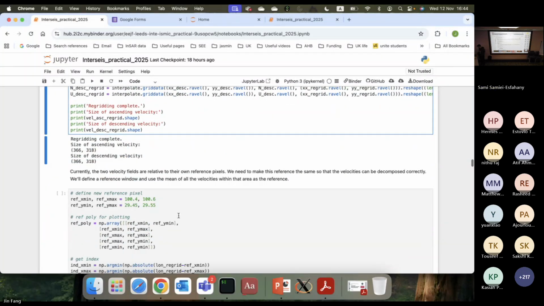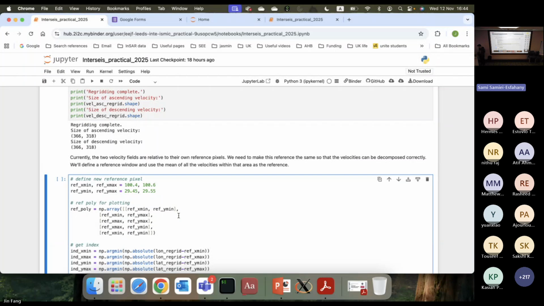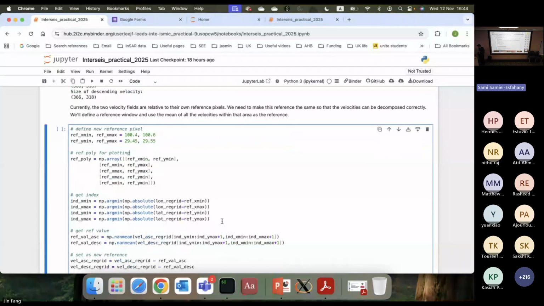And now another important thing to know is that the two velocity fields are relative to their own reference pixels, and we need to make sure they share the same reference so that the velocities can be decomposed correctly.